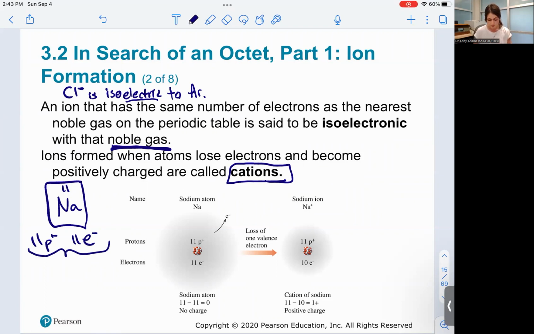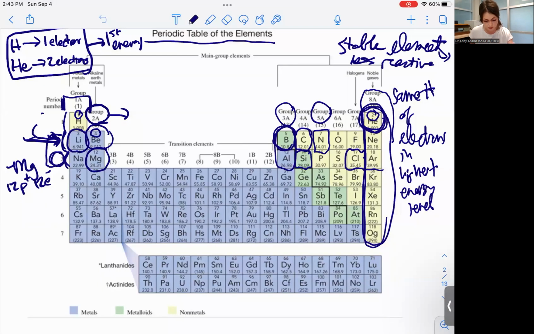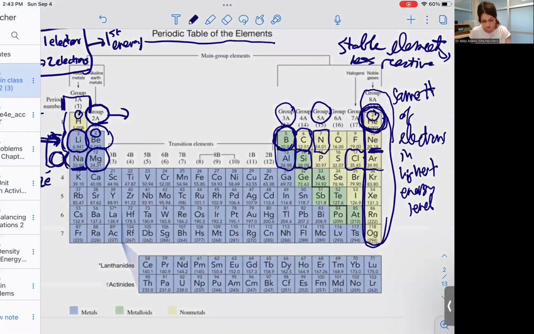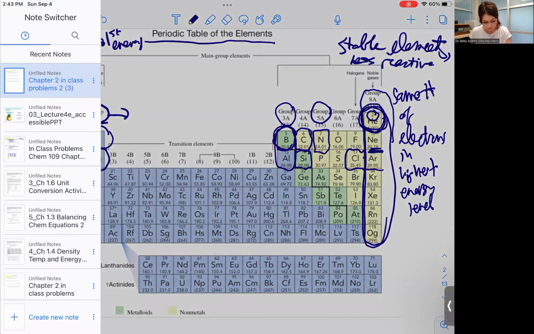But sodium can do different things. Something that would be easy is that sodium can just lose one valence electron and be isoelectric with another element.